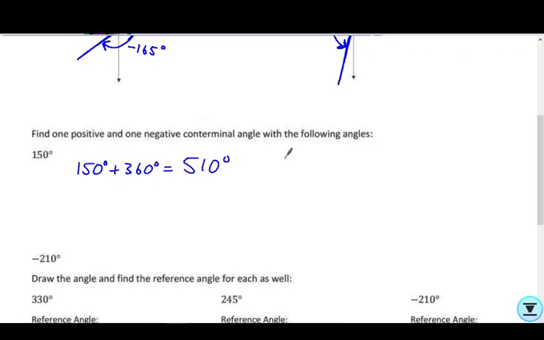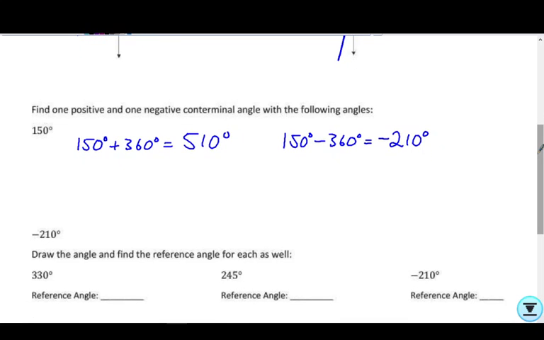Then I take 150 degrees and subtract 360 degrees, and that gives me negative 210 degrees. So the positive 510 and negative 210 are both coterminal with 150 degrees, because coterminal means they start in the same place, end in the same place, and they differ by 360 degrees.